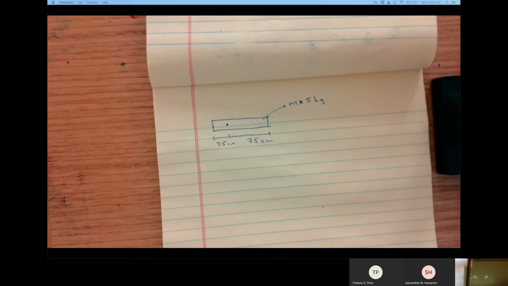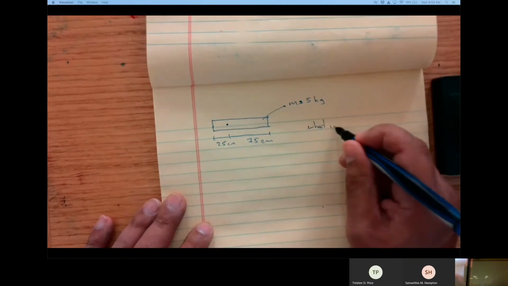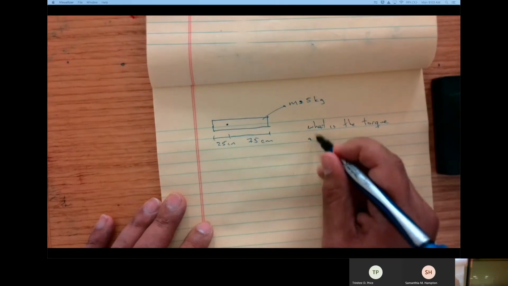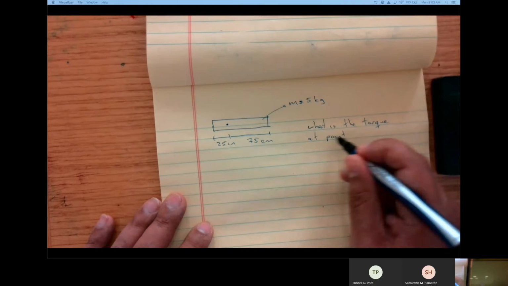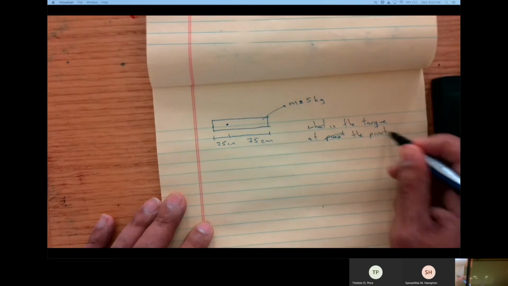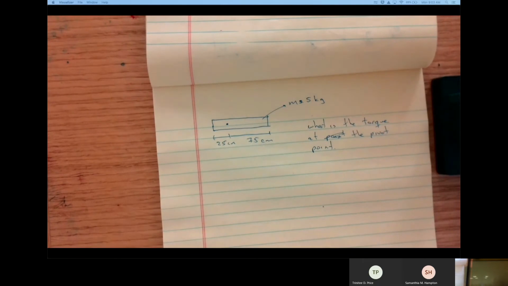Okay, and what I want to find out is the torque at the pivot point, and the pivot point is going to be this guy over here.